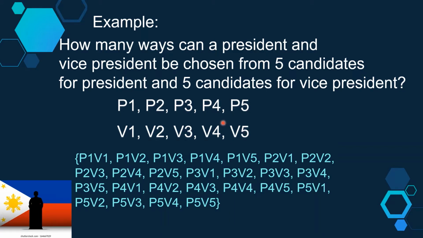It could also be P4V1, P4V2, P4V3, P4V4, and P4V5. And it could be P5V1, P5V2, P5V3, P5V4, and P5V5. So these are all the possible outcomes. Now, how many possible outcomes do we have? Correct. We have here 25 possible outcomes.